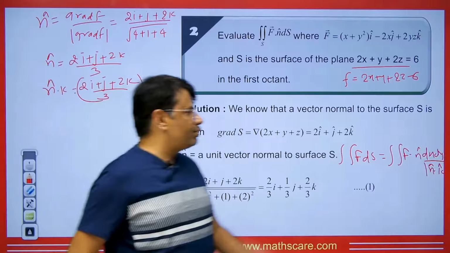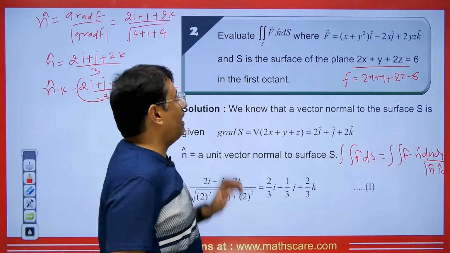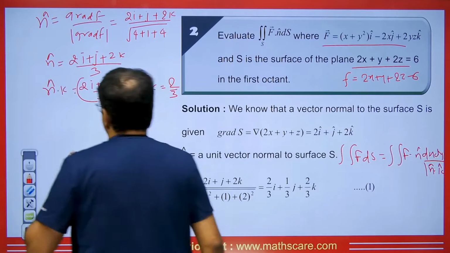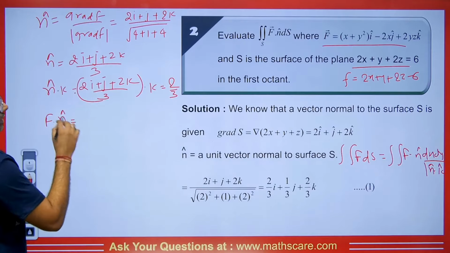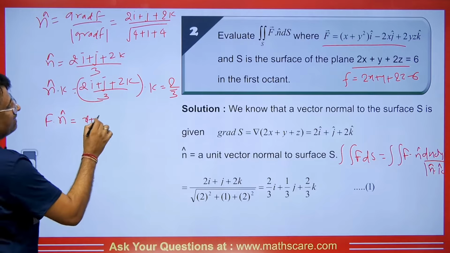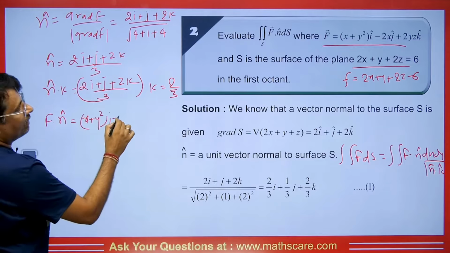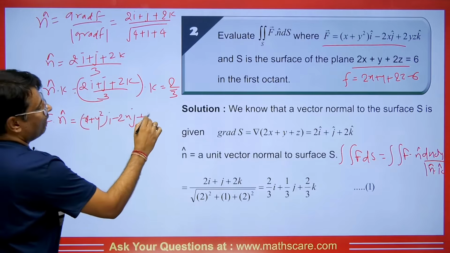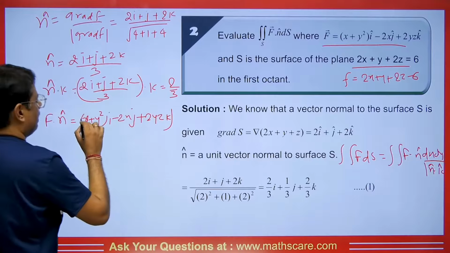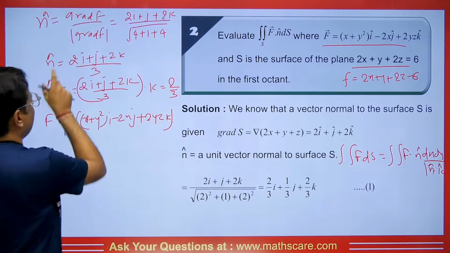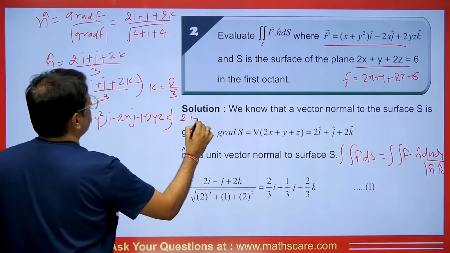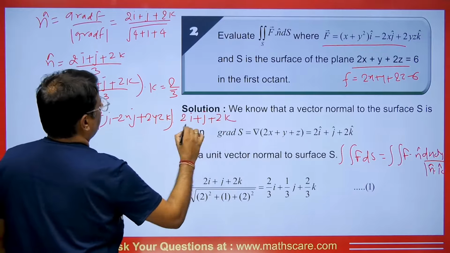After that, we need to calculate F dot n cap. As you can see, the F is given here, so let's write F dot n cap: x plus y square into i minus 2x j plus 2yz k, dot n cap. What was the value of n cap that we got here? It was 2i plus j plus 2k upon 3.